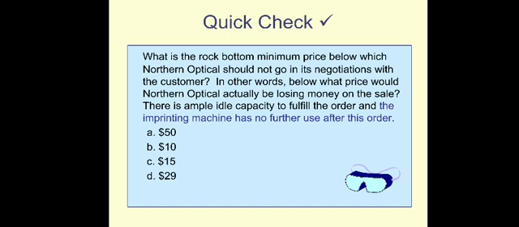So when there is an idle capacity, you know that the fixed cost is unchanged. The fixed cost is unchanged, is fixed. So the only cost that is changing is the variable cost. And also of the variable cost, only the production variable cost will change.